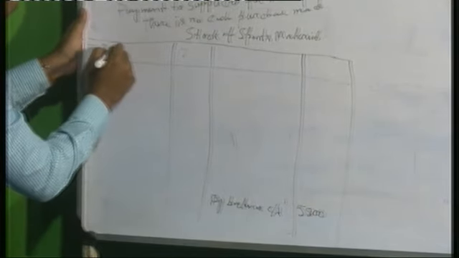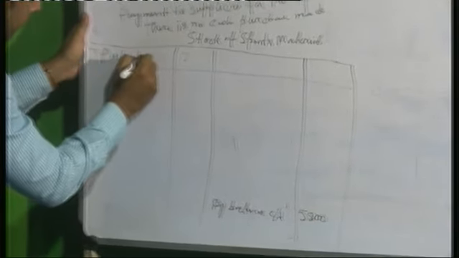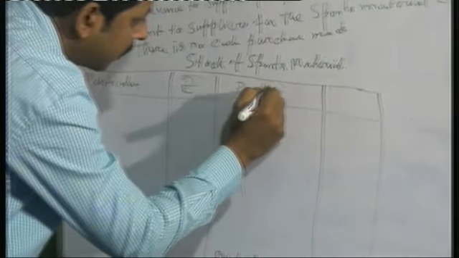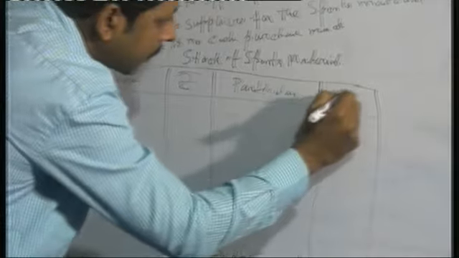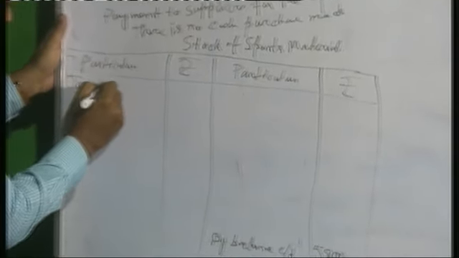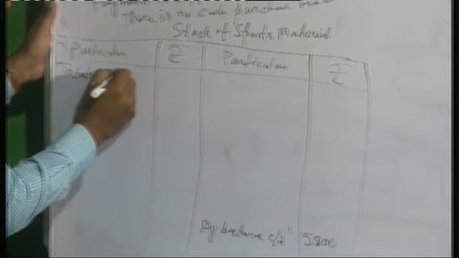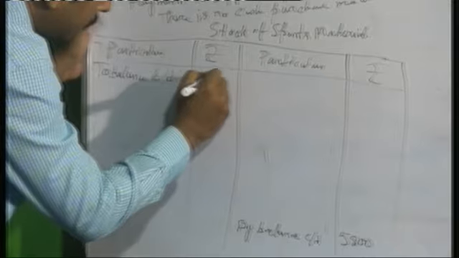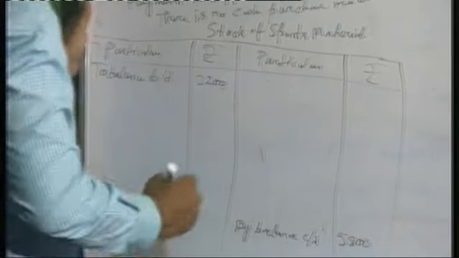Particulars, rupees, particulars, rupees. Okay, now to balance b/d 2,200. This information is already given in our problem.